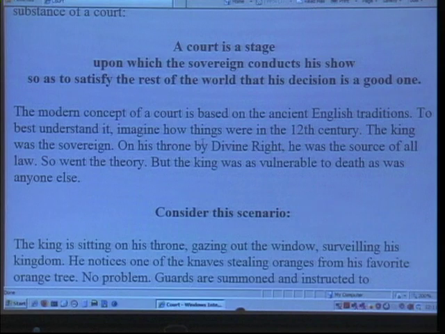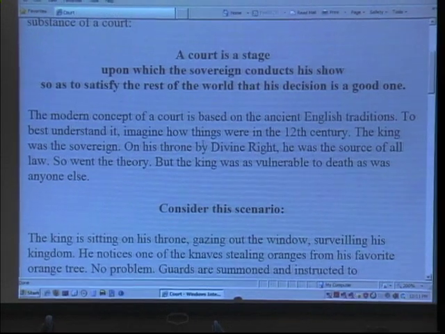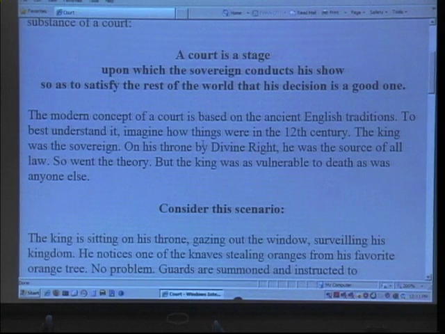Okay, so what is a court? Well, here's what a court is. A court is a stage upon which the sovereign conducts his show so as to satisfy the rest of the world that his decision is a good one. In my mind, this is the most important court rule of all rules. If people don't respect your decision, it's not going to fly.